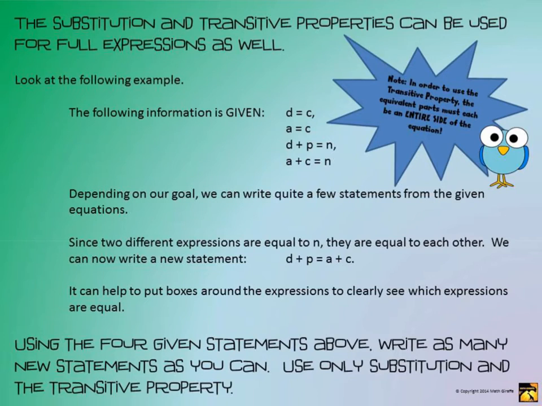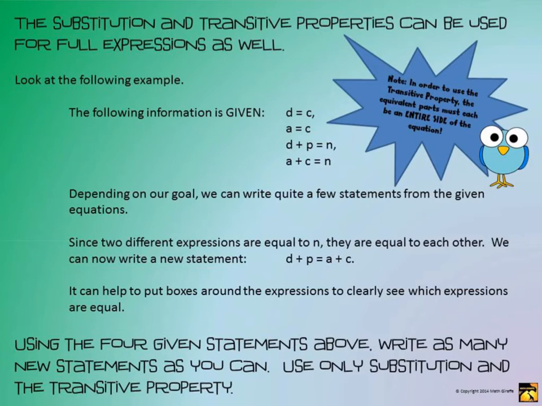Okay, so the substitution property and the transitive property can be used for full expressions as well. So if we look at the following, we are given that D equals C, A equals C, D plus P equals N, and A plus C equals N. Depending on your goal, and your focus should always be your goal in a proof, we can write quite a few statements from those equations.